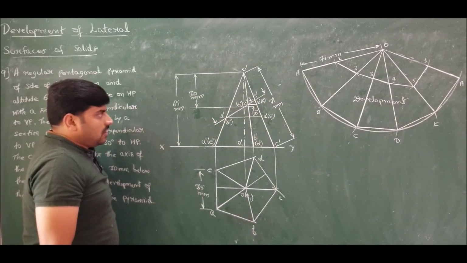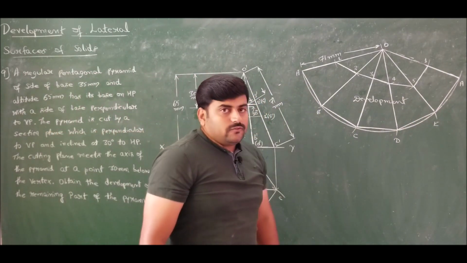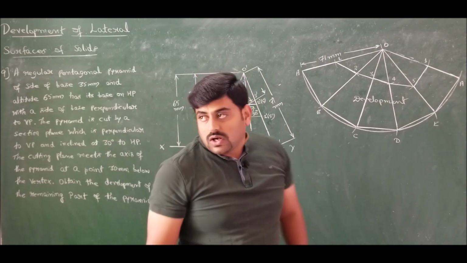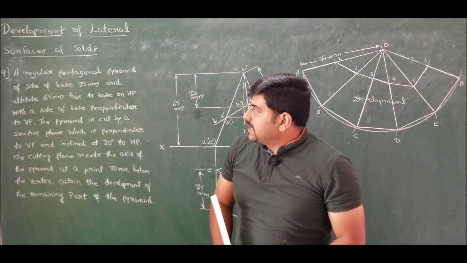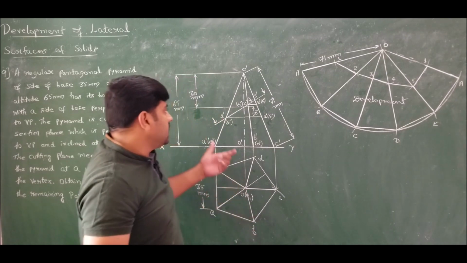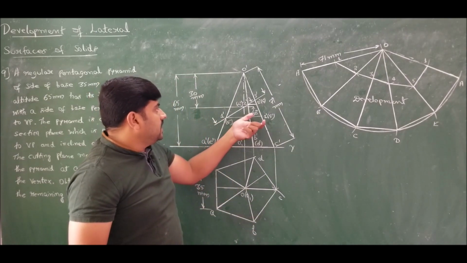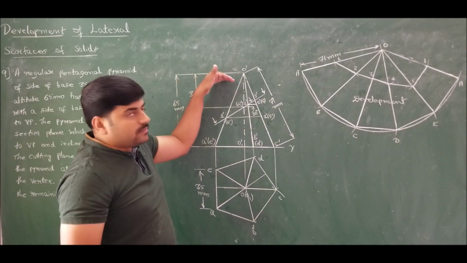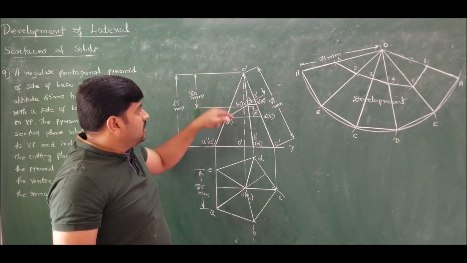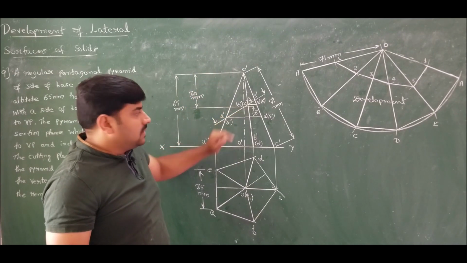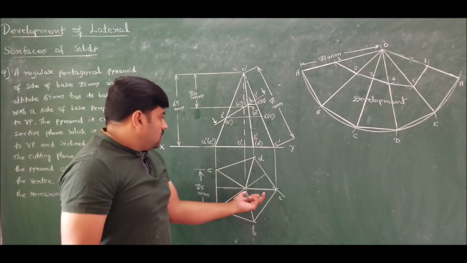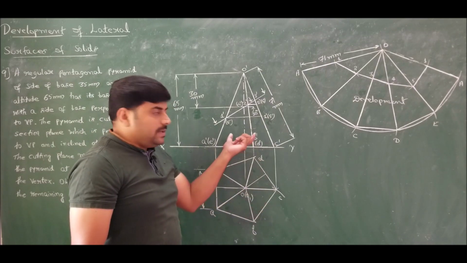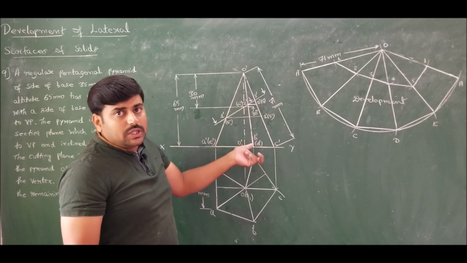This is how we should solve development of pyramids. We have solved development of regular pentagonal pyramid for which the cutting plane is inclined at an angle of 30 degrees at a distance of 30 mm from the vertex meeting the axis. Since OC is already parallel to VP, O dash C dash is the true slant edge.